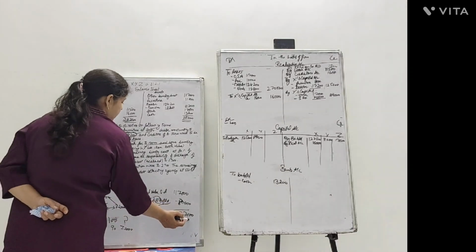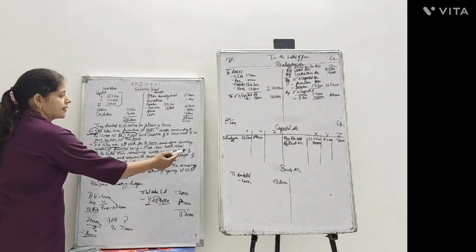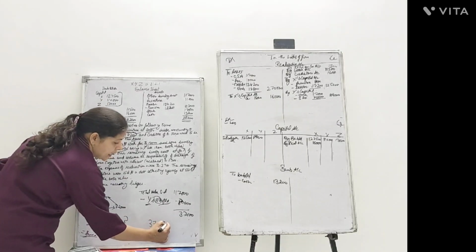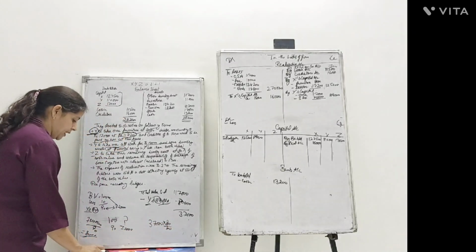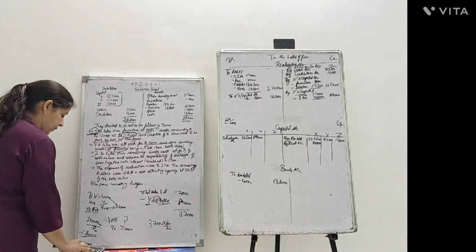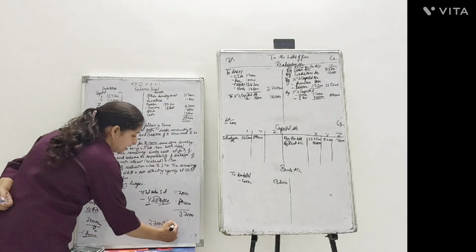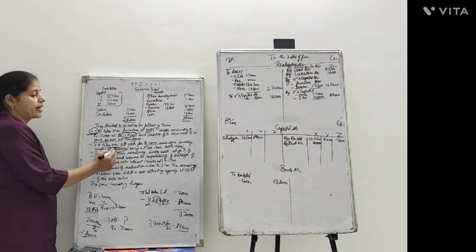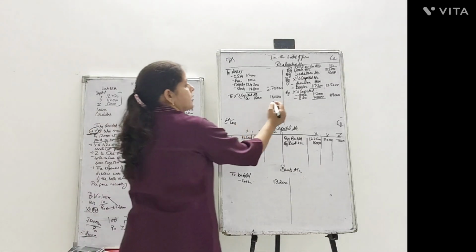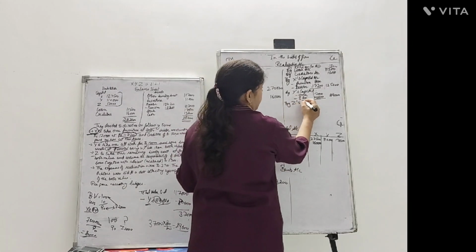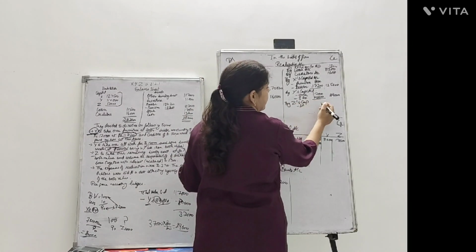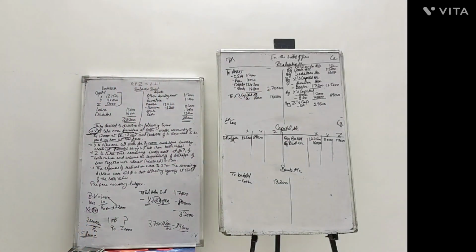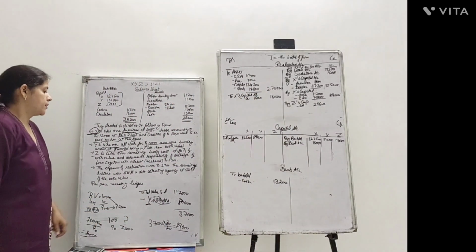And Z has to take this 37,000 asset at 80%. So 80% of the book value gives me the valuation over here, that is 29,600. So Z is to take over the sundry assets by Z's capital account, sundry assets which he took over at 29,600, 80% of book value.